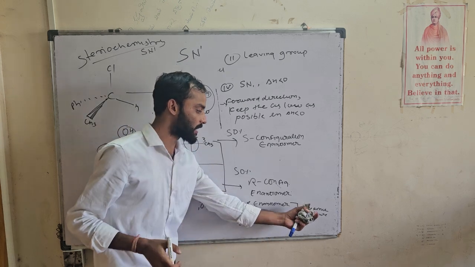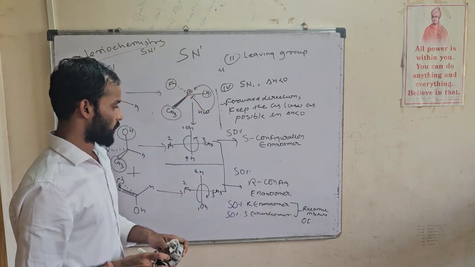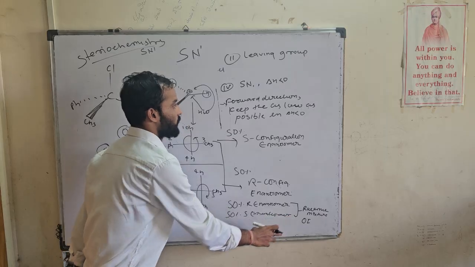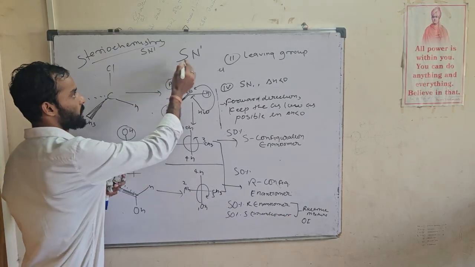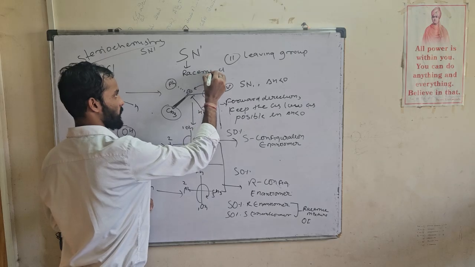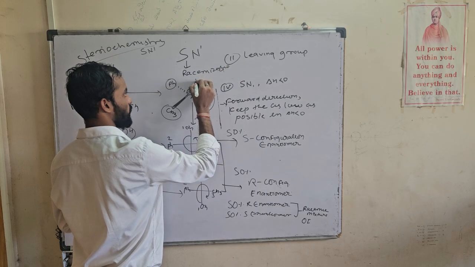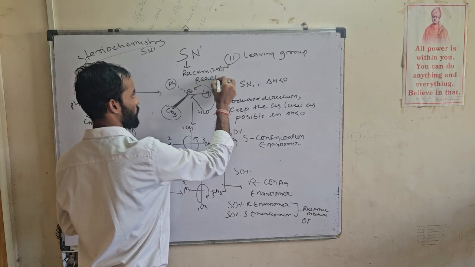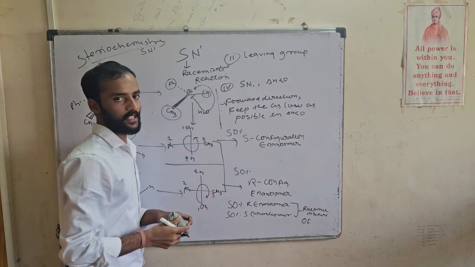That's why we call it a racemic mixture. Now, by seeing this, we can say that the SN1 reaction is a racemization process, or racemization reaction. That's it. Thank you.